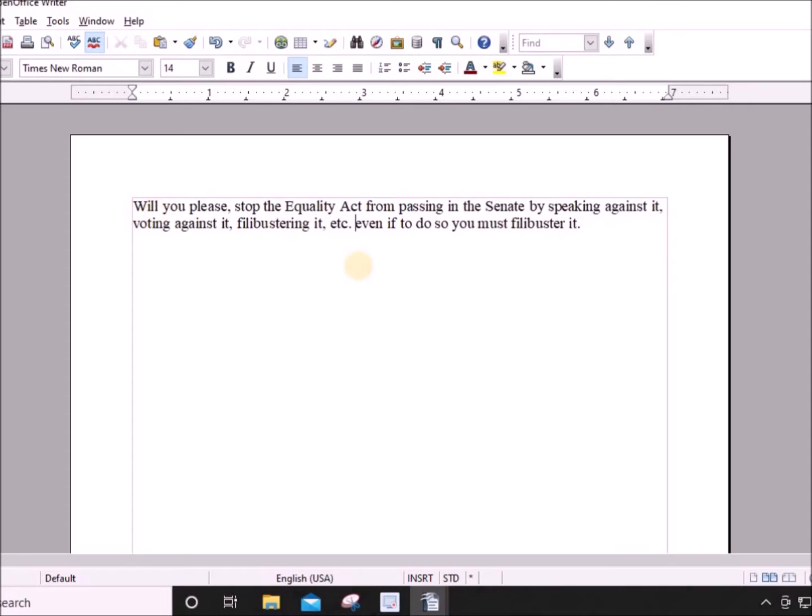Actually, I think he should be organizing other people against it, etc. Okay. This tells him to persuade other senators. So I want him to talk to other senators. Will you please stop the Equality Act from passing in the Senate by speaking against it, voting against it, filibustering it, pointing out the harm it would do to senators that support it, etc.